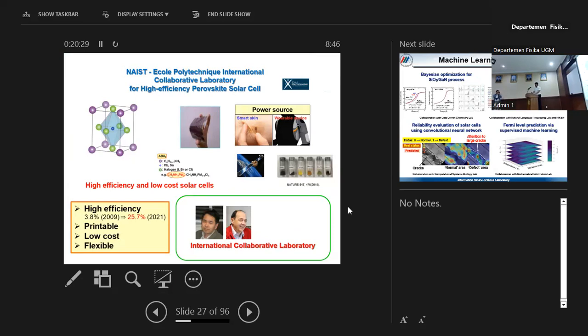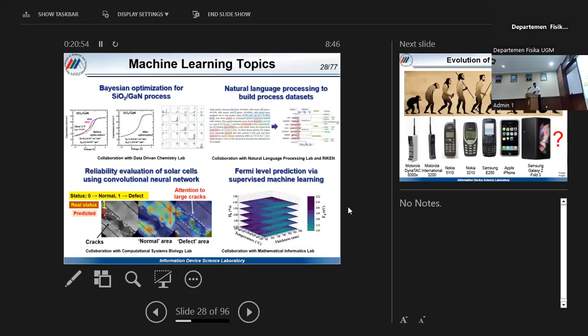But perovskite is very unstable and very difficult to process to apply to commercial industry if it's made by solution process. So we aim to develop perovskite materials using sputtering. These are also some of the machine learning topics that we do in the lab.